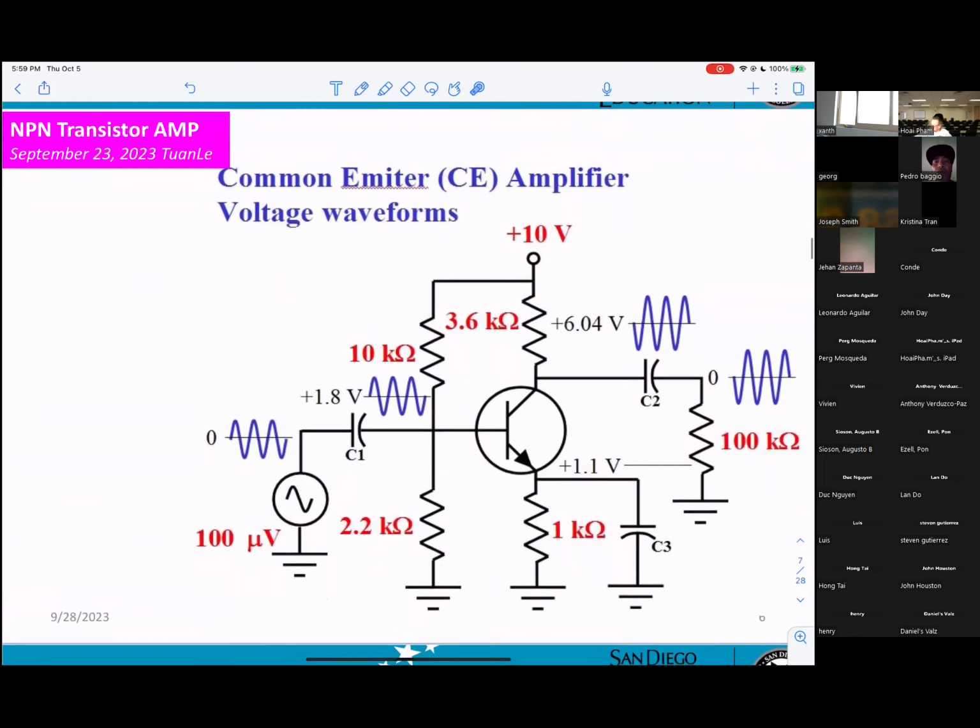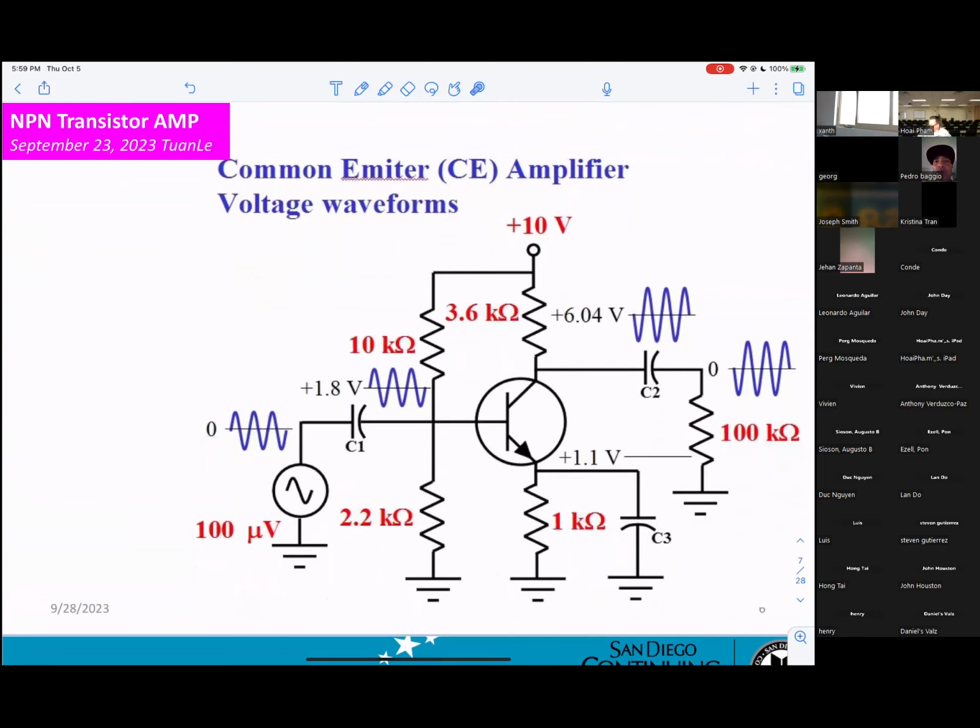Now, a little more. Okay, if they draw the circuit for the AC, what is the 10 volts supposed to connect to? If you're looking at this circuitry, what about the 10 volts?